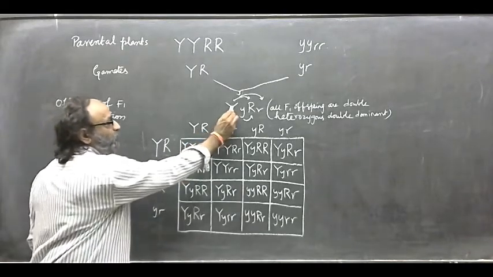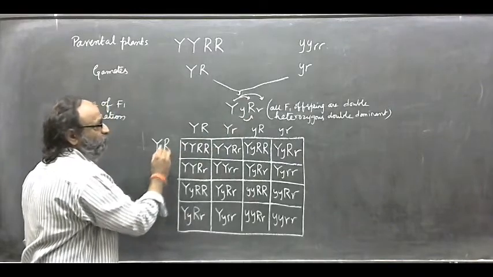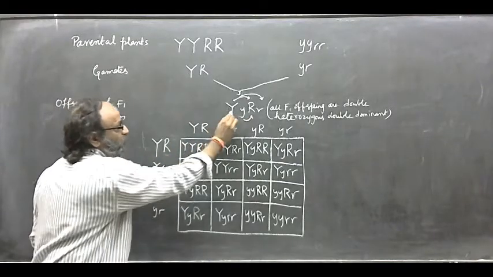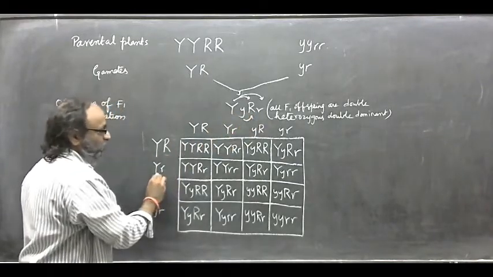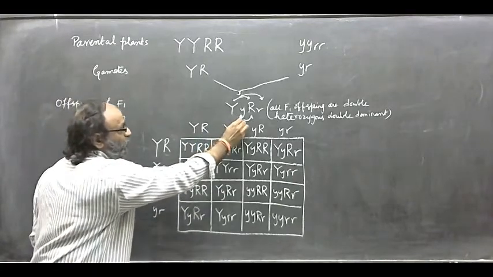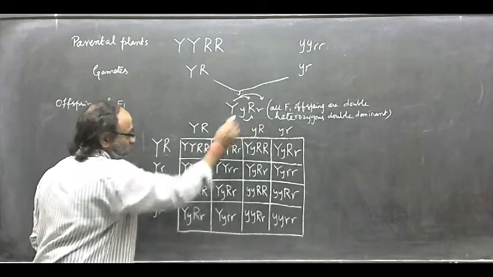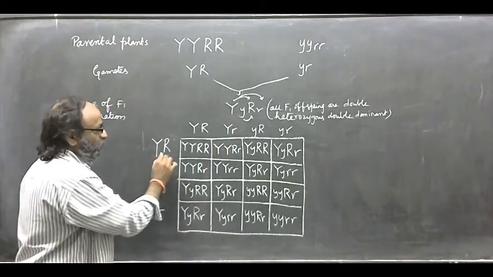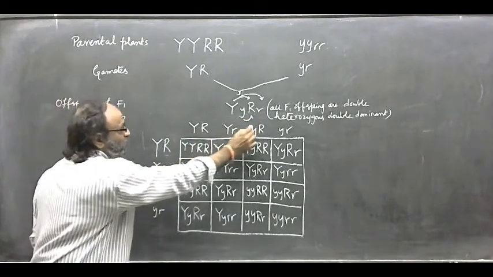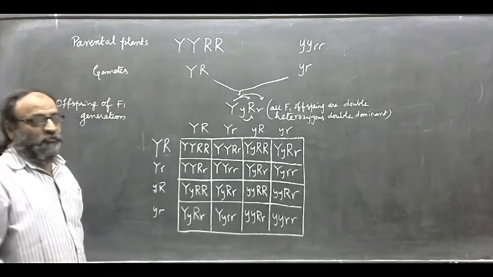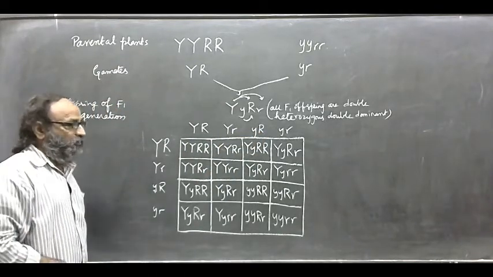One is capital Y, capital R gametes. Second is capital Y, small r gametes. Third is small y, capital R gametes. And fourth is small y, small r gametes. So 4 different types of gametes are produced in dihybrid cross.